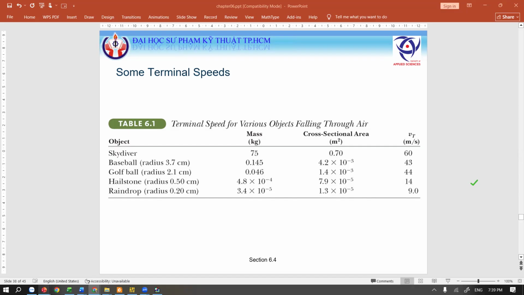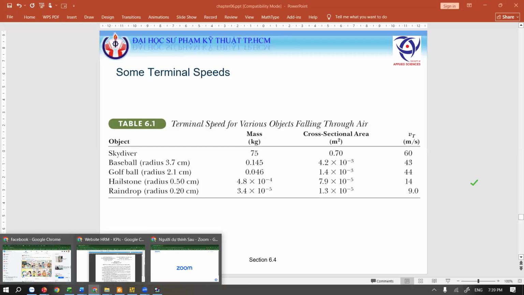So you cannot drive your car at this kind of speed. Okay, so I think that's all for chapter 6. I think you can have some time for problem solving.